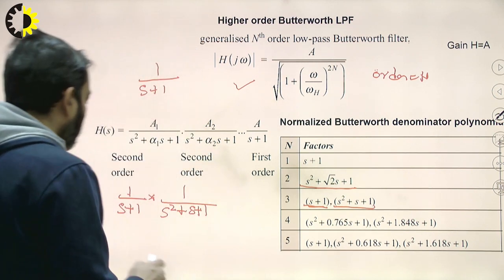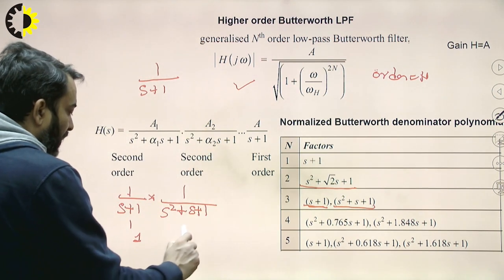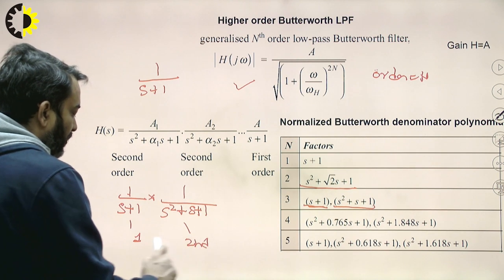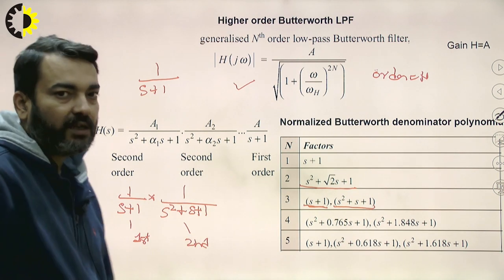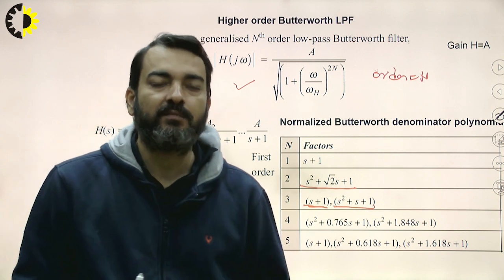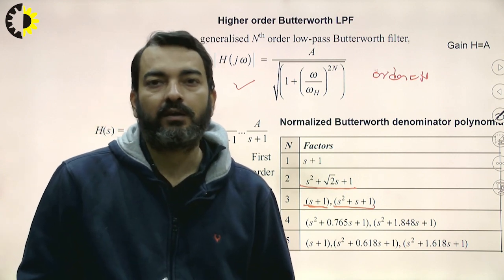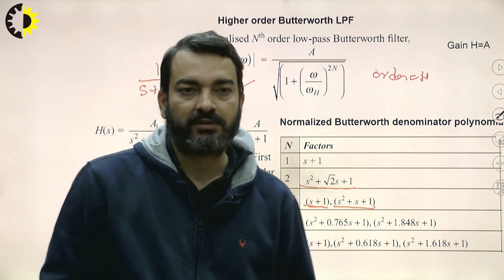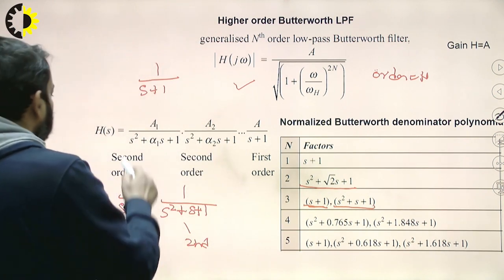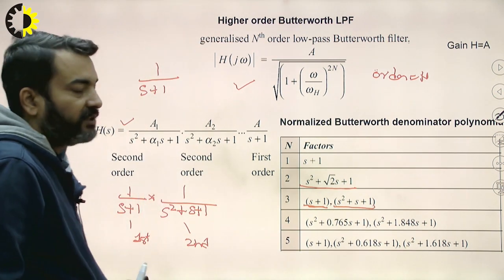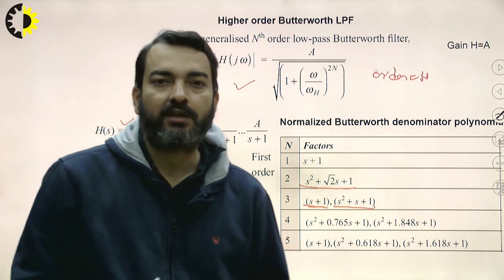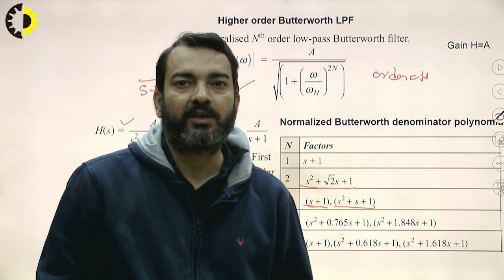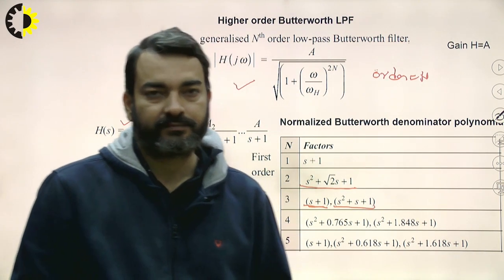This is the first order section and this is the second order section. By cascading these two sections, we will be able to get the third order Butterworth response. So this is the generalized representation of how to realize a higher order Butterworth low pass filter.